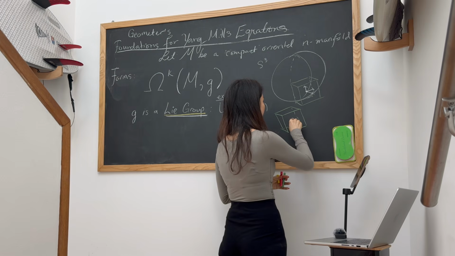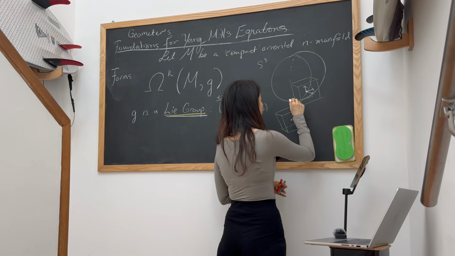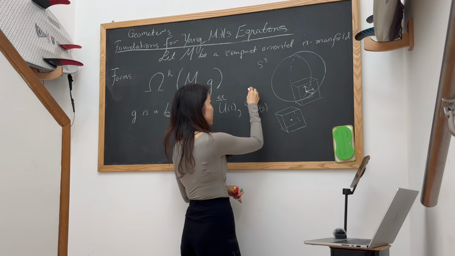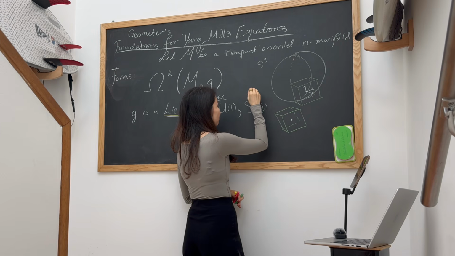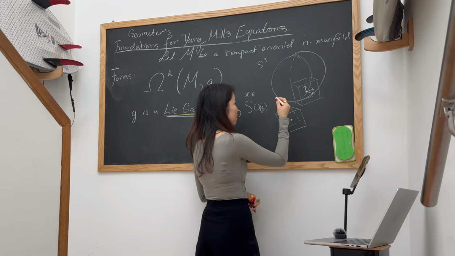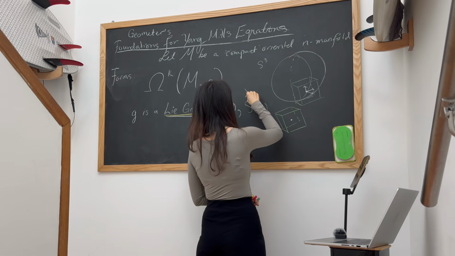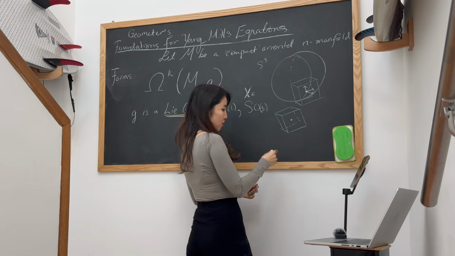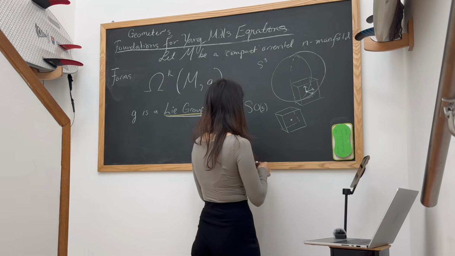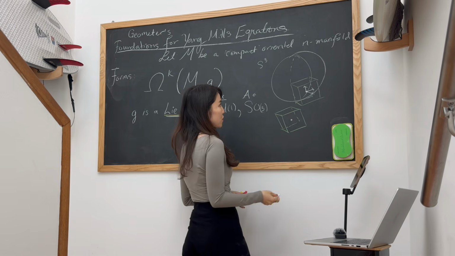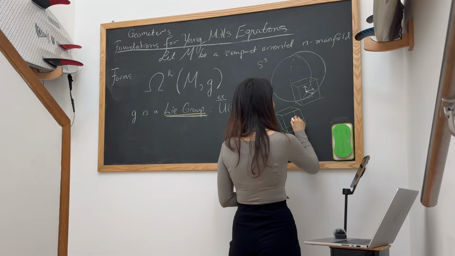So I have this mapping. So an element of SO3, so let's say, I don't know, X, which is an element of SO3. We're used to talking about this in terms of matrices, so let's just call it A, an element of SO3.